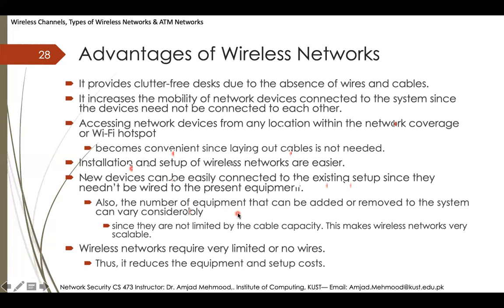Also, the number of equipment that can be added or removed can vary considerably. Since they are not limited by the cable capacity, this makes wireless network very scalable. So you can add as many devices as you want to a wireless network.